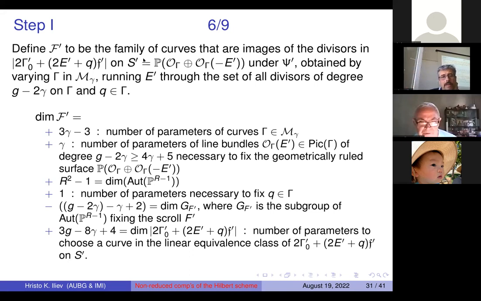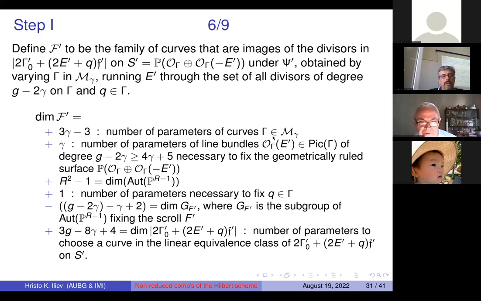And then how do we compute the dimension of the family? We have to count the parameters on which this construction depends. So first of all, we compute the number of parameters for the curves gamma. And this is well known to be just 3 gamma minus 3.